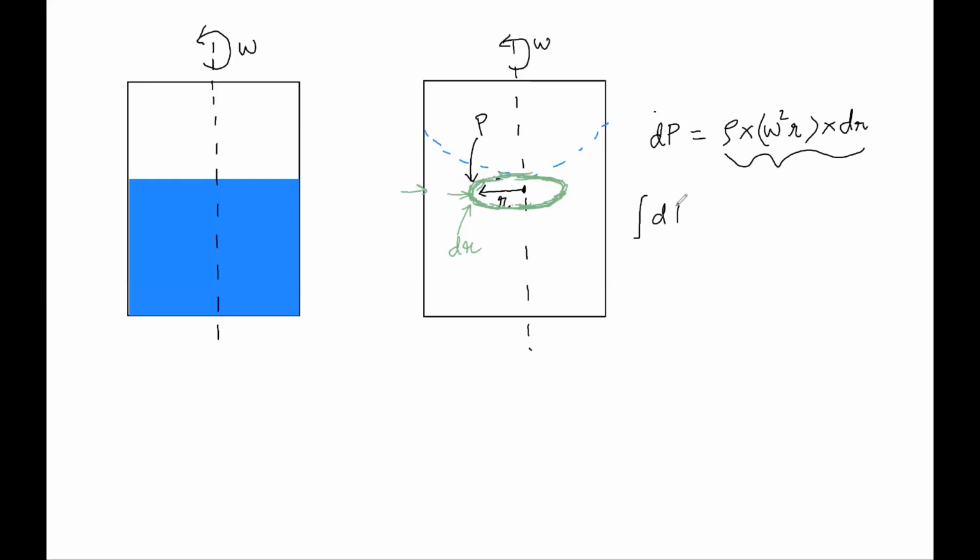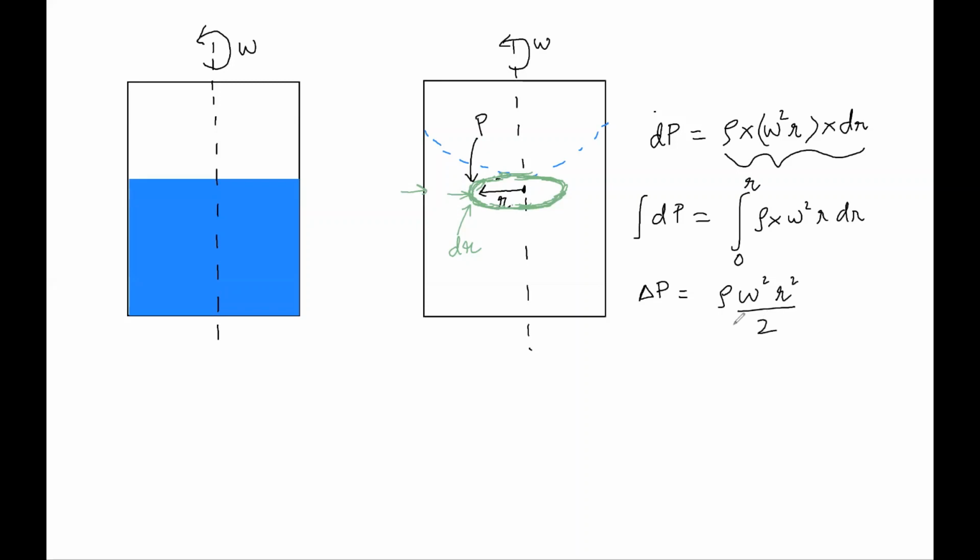We'll integrate this term dP, and our aim is to integrate from the center axis, that is 0, up to the radius r. By integrating, we will be able to calculate the pressure difference created between the center axis and the point at radius r. So we'll say that is the pressure difference delta P. And this we can integrate and we'll get rho omega square r square by 2.